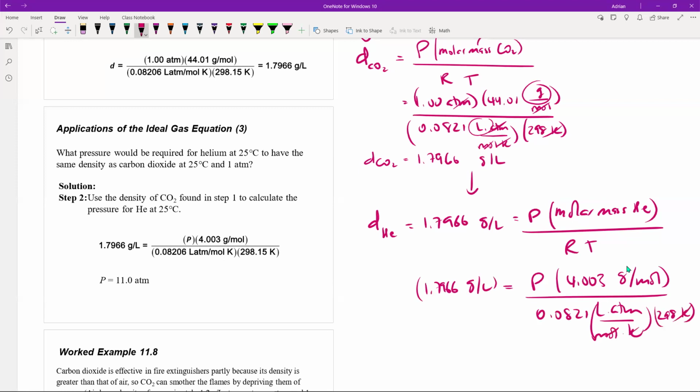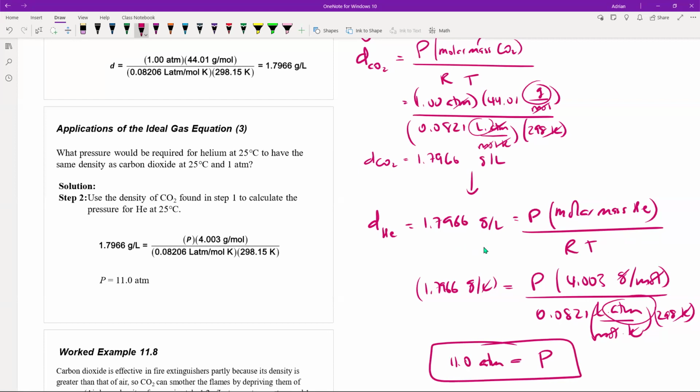Kelvin goes away, moles go away, and our grams and liters cancel out on the other side. We end up with atmospheres as our unit. We stick that into a calculator, we solve it for P, and we end up with P being equal to 11.0 atm.